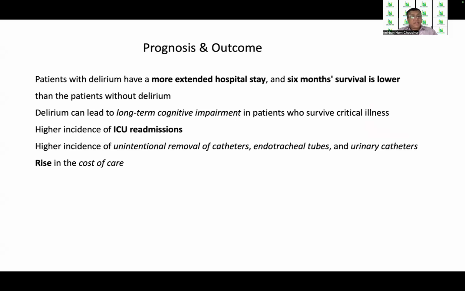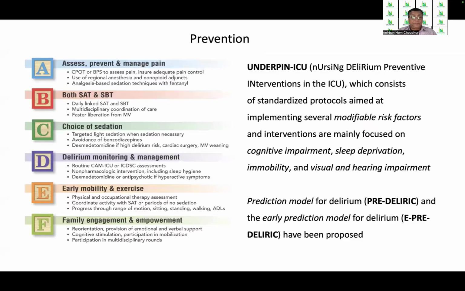Then there is a higher incidence of unintentional removal of catheters, because they tend to pull out all the lines, etc., from the body, or the endotracheal tube, urinary catheter, etc., and they need to be reinserted, which causes inconvenience to the patient, to the doctor, and it also causes a rise in the cost of care.